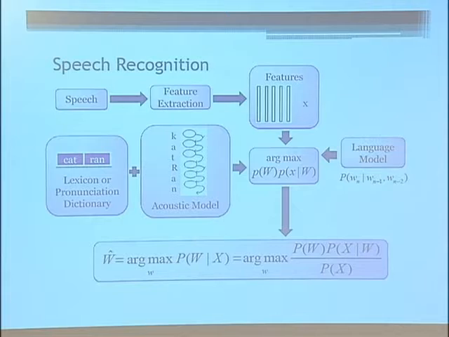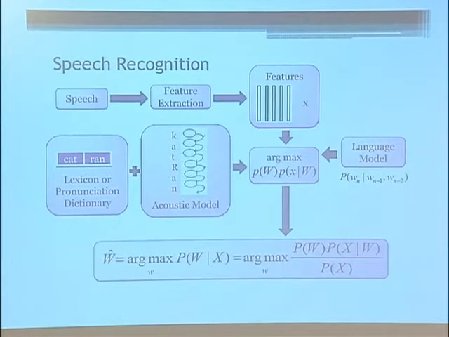So in a nutshell, the speech recognition system has 3 important inputs, or let's say 4. One is the extraction of features which come from the acoustics, and then there is a pre-trained acoustic model, and there is a language model, and typically a handmade lexicon or a pronunciation dictionary.